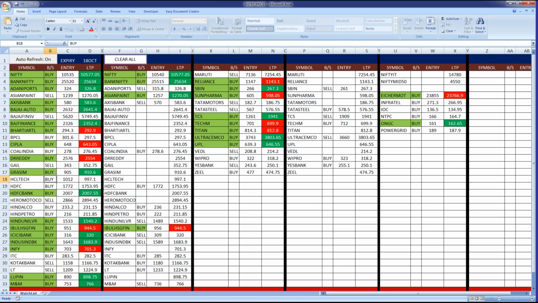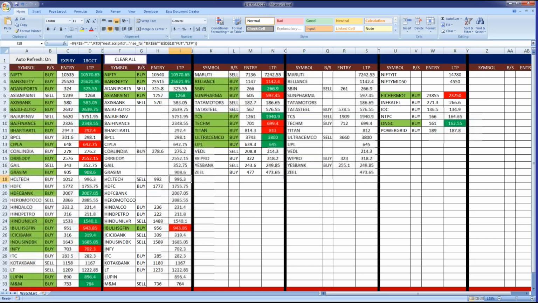I thought it would continue, but it did not trigger. So I have a fresh sell call here, and my entry is around 992. I'll type here sell 992. As soon as it reaches 992, the call will get triggered, and then you can short HCL Tech. It's at 996. That is the LTP now.